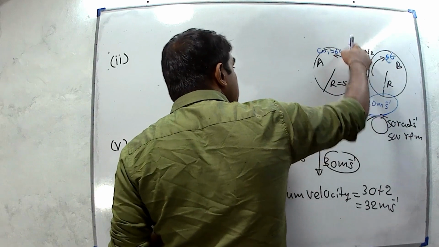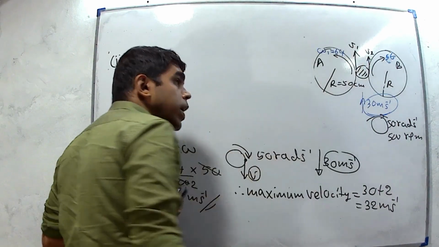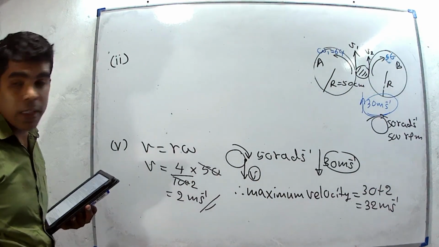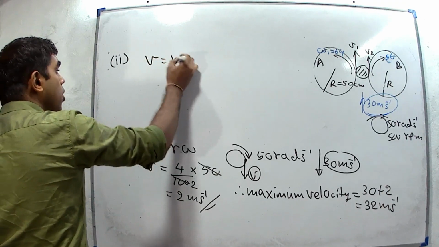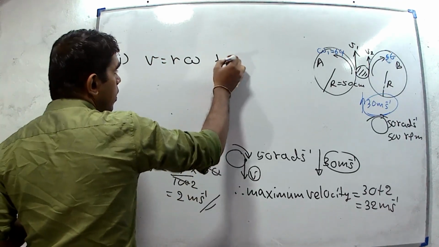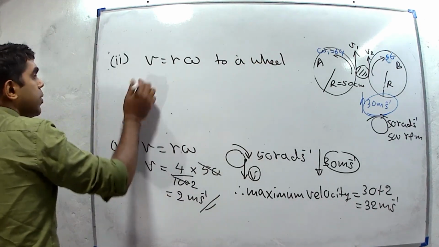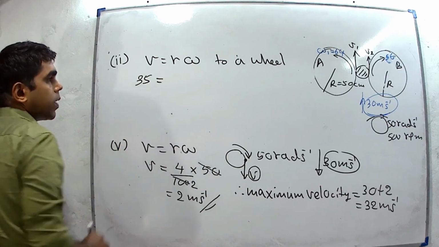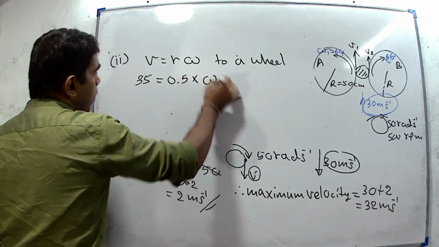To give a tangential velocity of 35 meters per second, the tangential velocity of the wheel also should be 35 meters per second. Therefore, we can use v equals r omega for a wheel. V value should be 35. Radius of the wheel is 0.5. Omega value is omega naught.